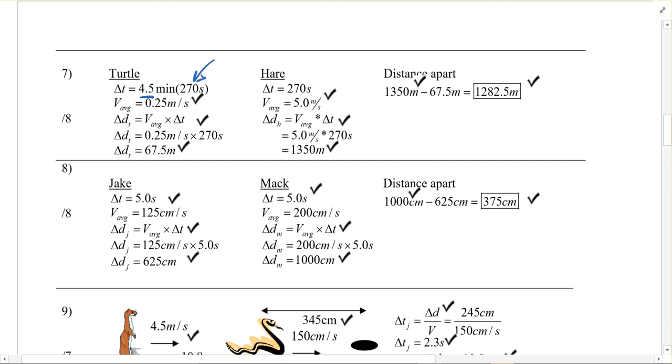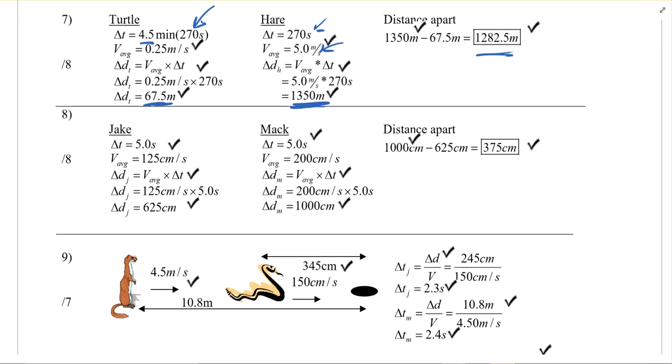Then figure out your distance for your turtle. Then do the same thing, but with a different speed for the hare. Same time though. And that's our new distance. Then all we have to do is subtract those 2. That'll tell you how far apart they are. So that's that.